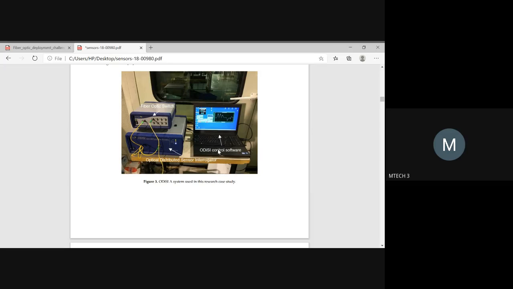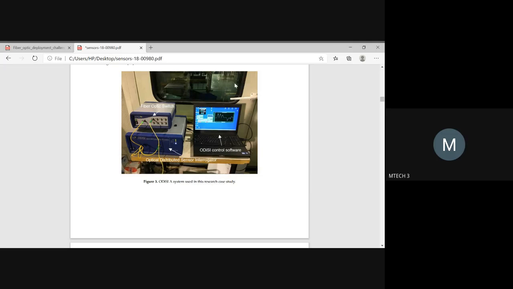Here you will have an optical fiber optics switch. You can switch on and off the functionality of the fiber optics switch. We should always see that it is on. Below this you will have an optical distributed sensor integrator, because you need an integrator so that the sensed data will be transmitted to the monitor. Once it is monitored and the instructions are developed, this has to be connected to an actuator.